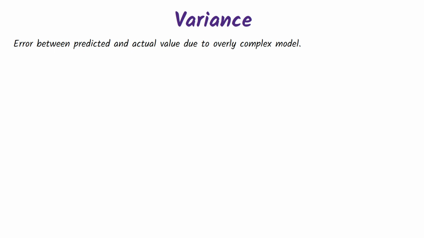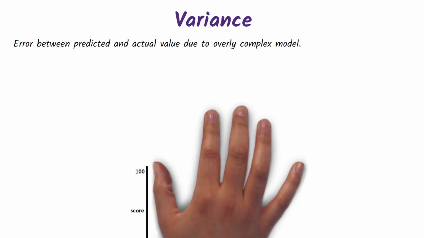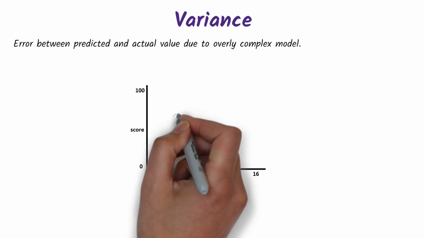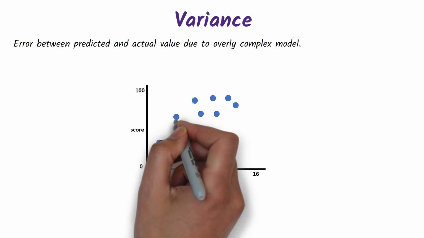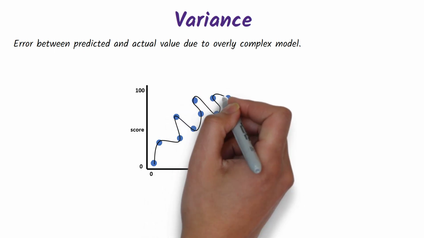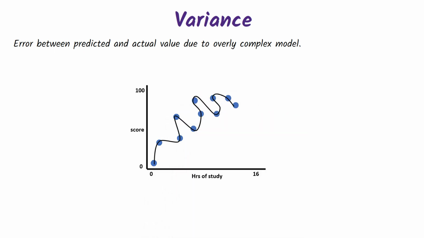Let's understand with the same example we just saw. Let's say we have the same data set, and this time instead of a simple straight line, we made a really complex line which fits all the training data with no allowed error, and it looks like this. Okay, now that we have our model, let's try to test it on an unseen data point.